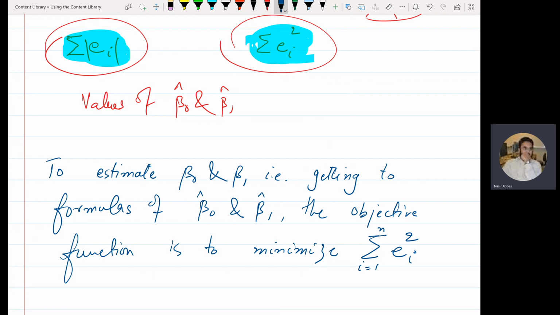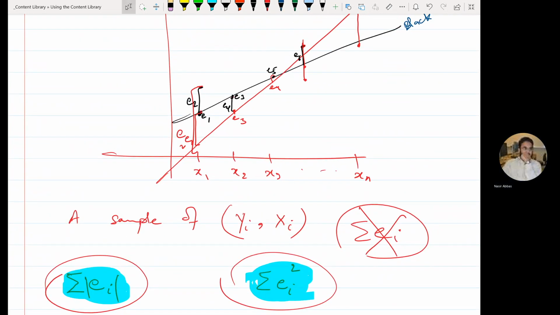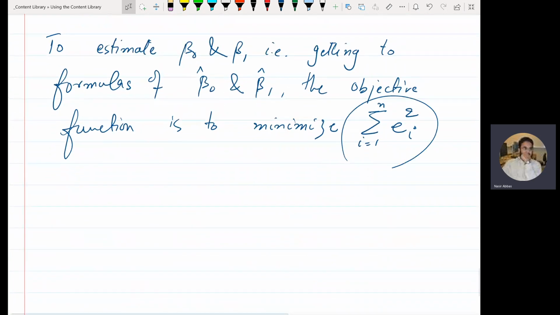So a line that is minimizing the summation of e_i squared will be the best representative line, which will be this black line. Out of infinitely many choices, there will be only one line that is minimizing this quantity.